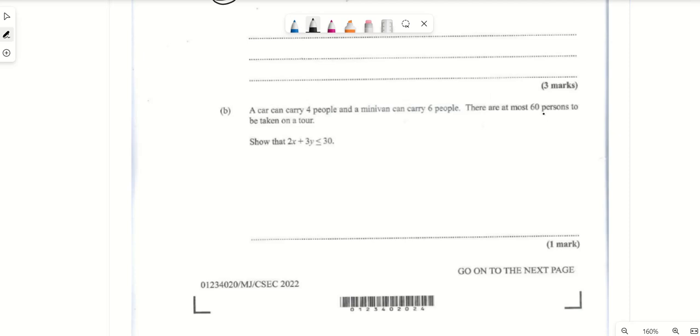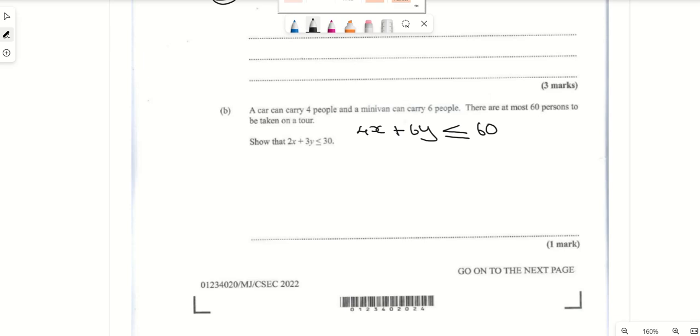So if we were to combine all the people in the car, which would be 4x, because we don't know how many cars it is, right, plus 6y, because we don't know how many minivans it is, for the most that they would carry would be 60. So 4x plus 6y is less than or equal to 60.